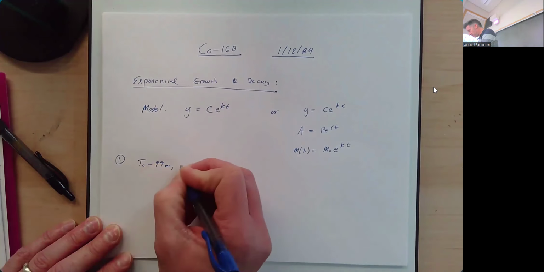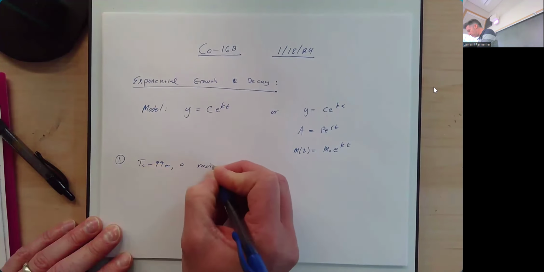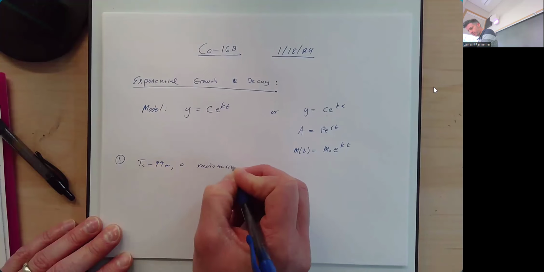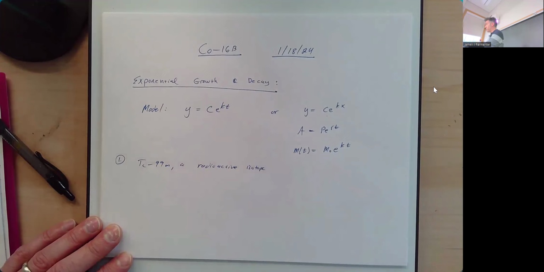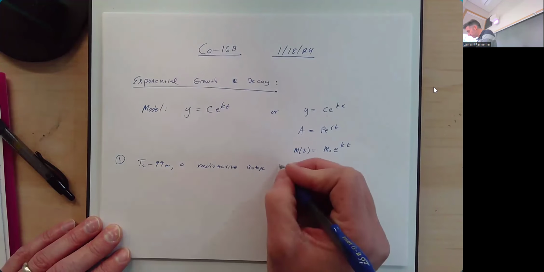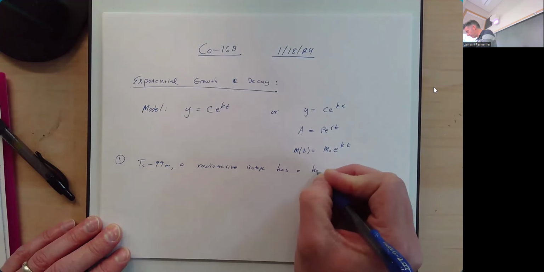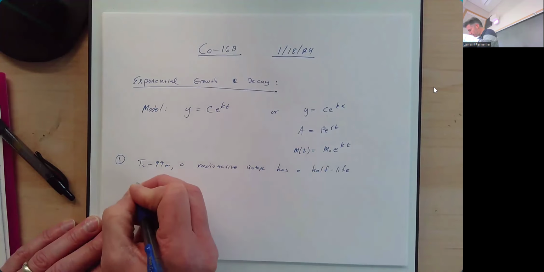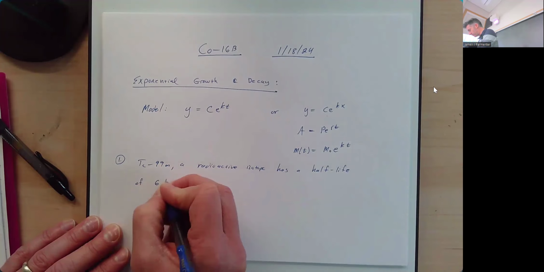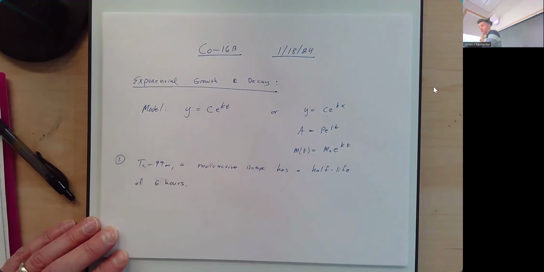TC99M, a radioactive isotope used widely in nuclear medicine, has a half-life of approximately 6 hours. We'll just say 6 hours.